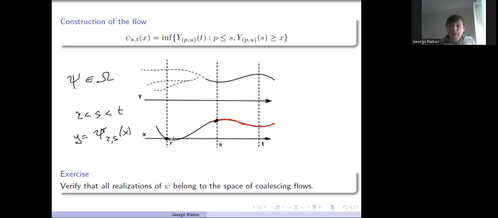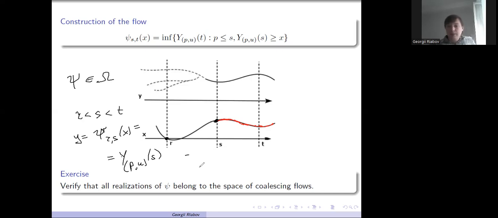since during time from r to s, all processes y coalesced into a finite number of points, then y must be equal to the value of some process y capital at time s. Let's write it as ypu of s.